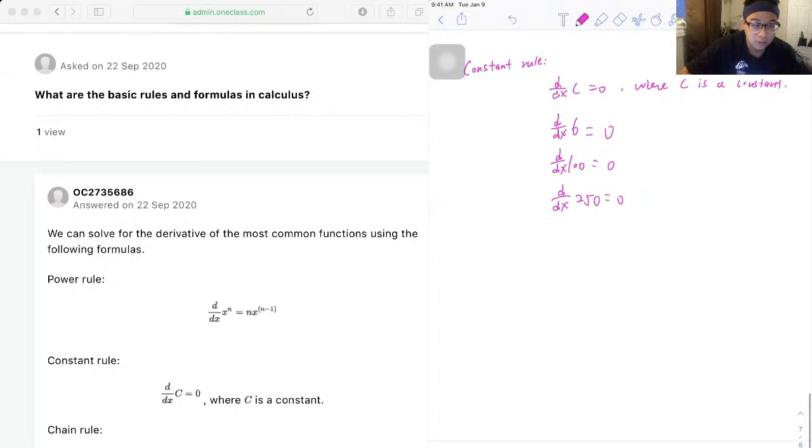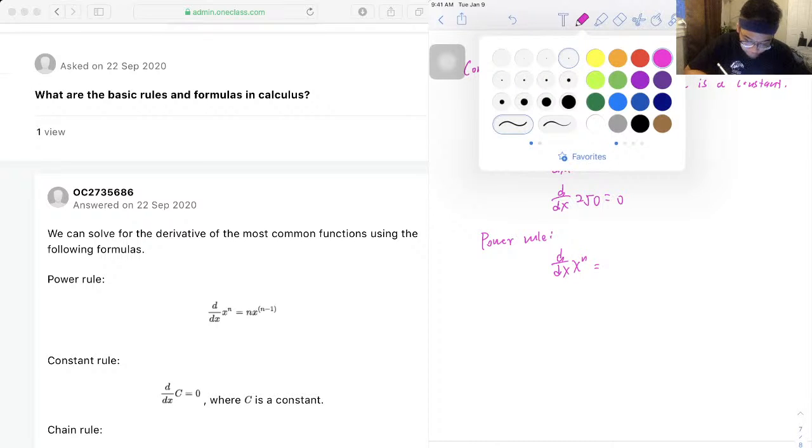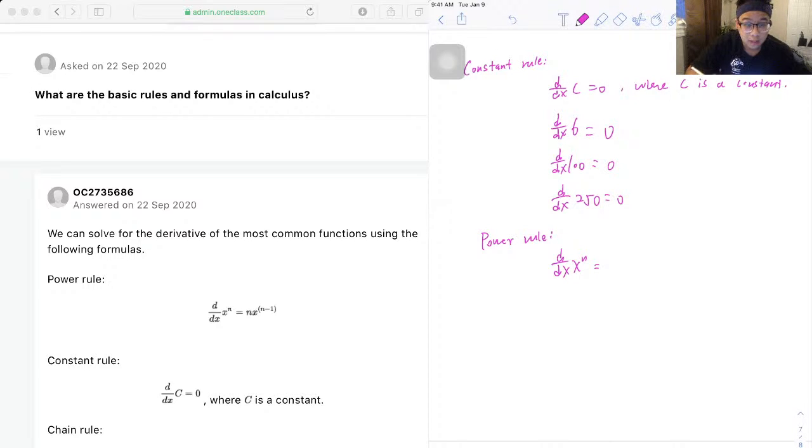In the second, we've got the power rule. Let's say we need to take the derivative of x to the n. In this case, first we need to move the n in front to the coefficient position of x, so that becomes n x, and we need to subtract 1 from our exponent.